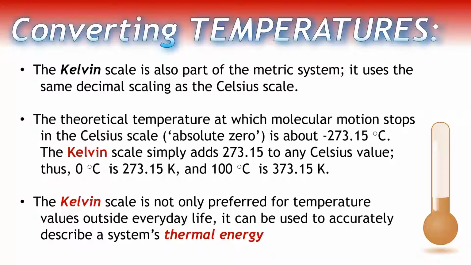So to convert from Celsius to Kelvin, you simply add 273.15 to any Celsius value. Thus, 0 degrees Celsius is 273.15 Kelvin, and 100 degrees Celsius is 373.15 Kelvin. The Kelvin scale, again, is only preferred for temperature values outside everyday life. It can be used to accurately describe a system's thermal energy.